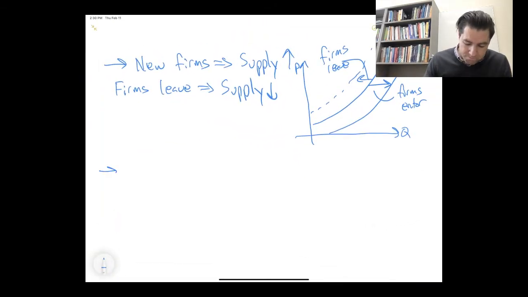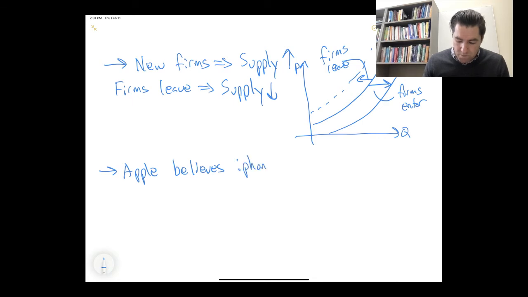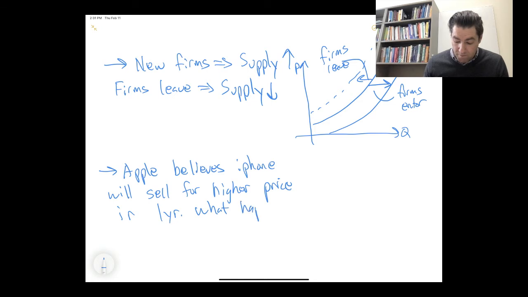So Apple believes the iPhone will sell for a higher price in 1 year. What happens to supply today?